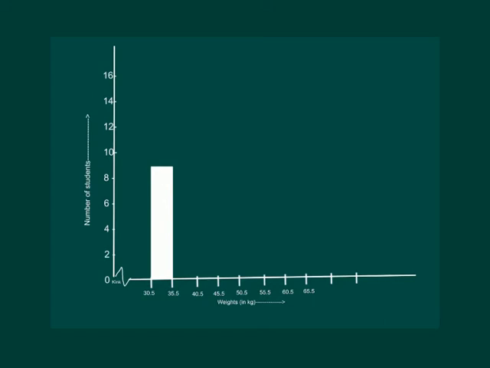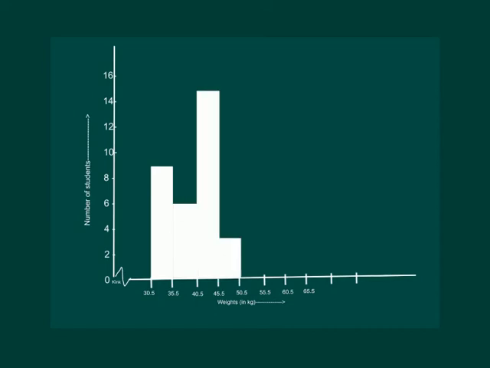For example, the rectangle for the class interval 30.5 to 35.5 will be of width 1 cm and length 9 units. In this way, we obtain the graph.